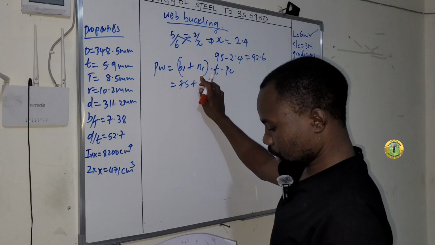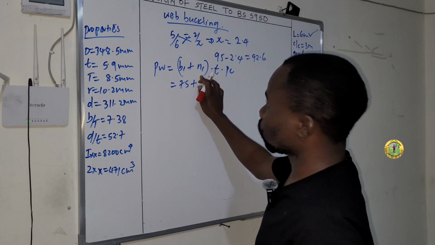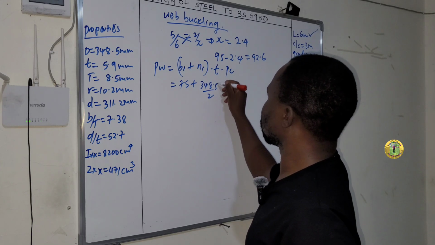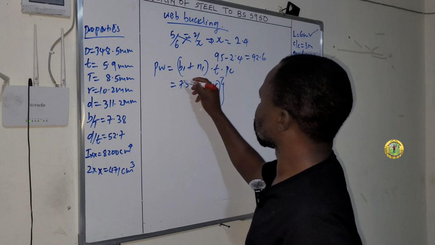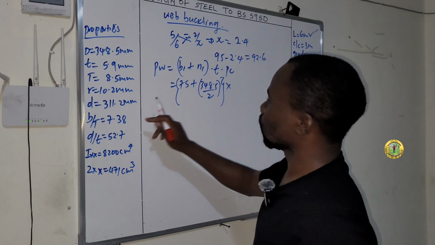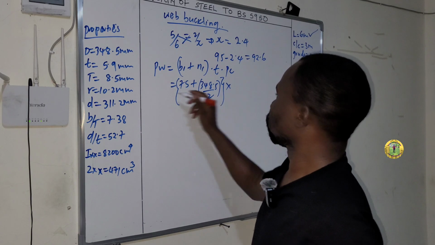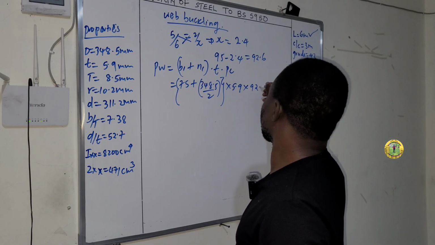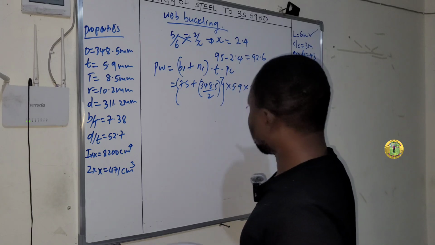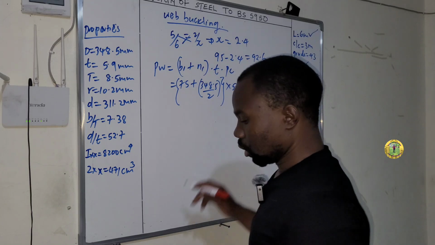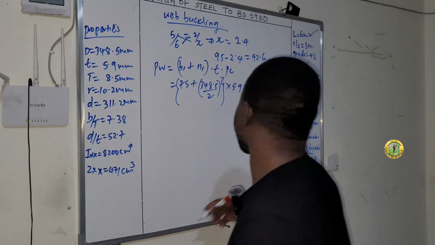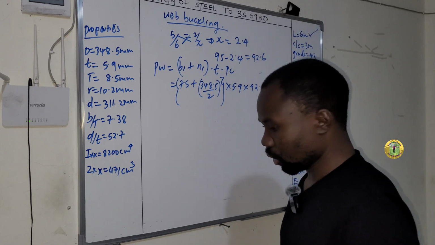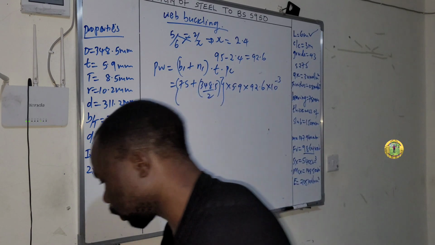N1 we said is D over 2, so this is 348.5 over 2, times small t, which is 5.9, times PC, which is 92.6. Then, of course, you will multiply it by 10 to the power of negative 3 so that you can get your answer in kilonewton.